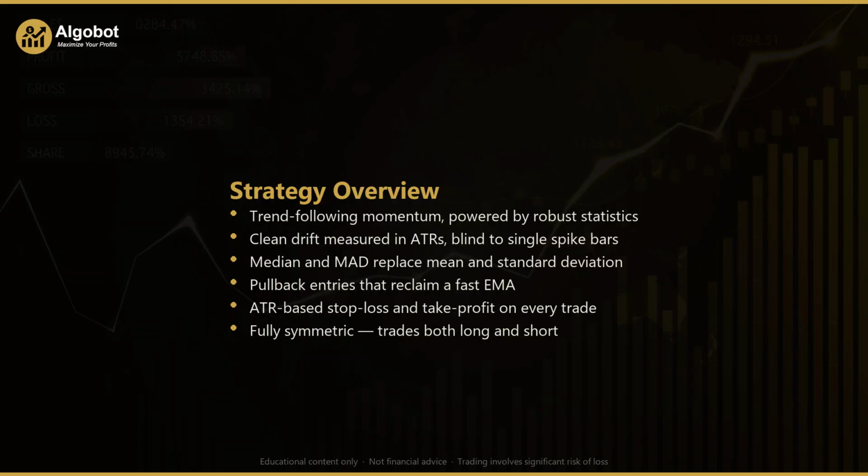In terms of the trader it fits, this is educational tooling for someone who is curious about systematic, rules-based trend following and who wants to see how robust statistics can be applied to filter market noise. Remember, everything here is for learning purposes only. Trading involves real risk, and losses are part of the process.